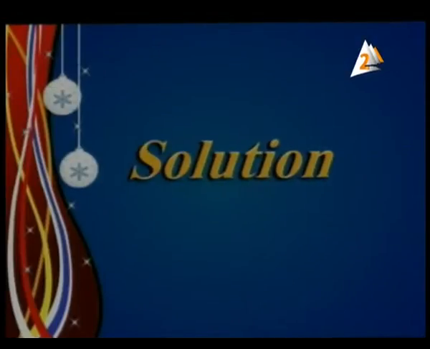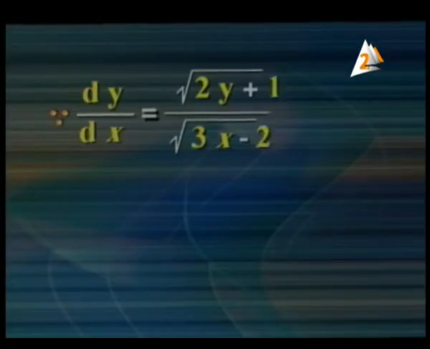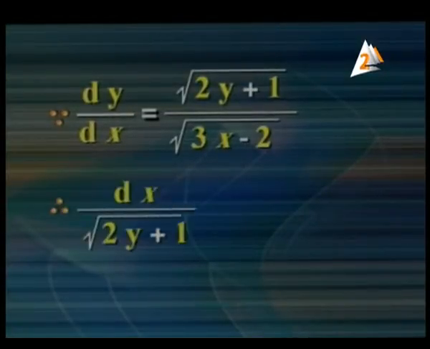Look at the solution. Dy over dx equals square root of 2y plus 1 over square root of 3x minus 2.